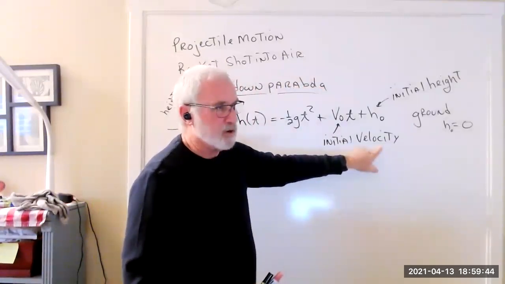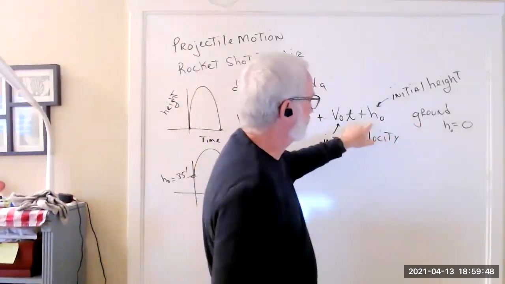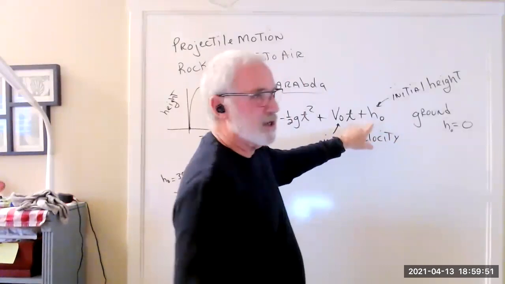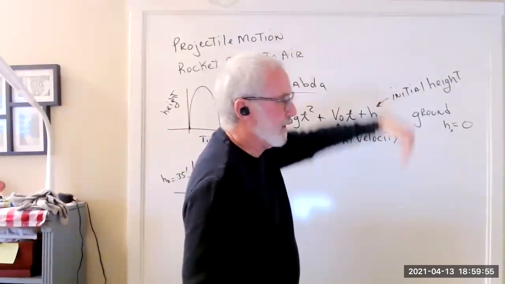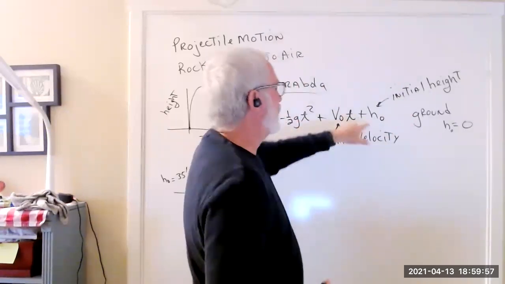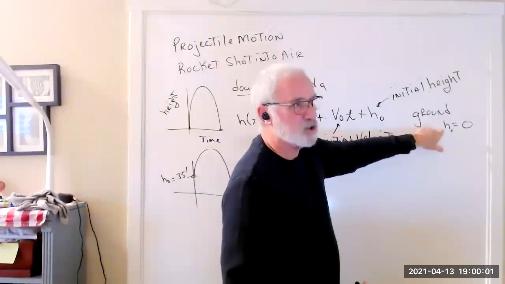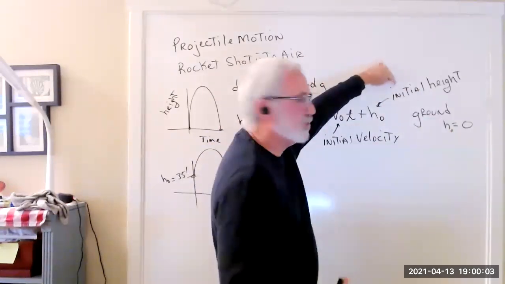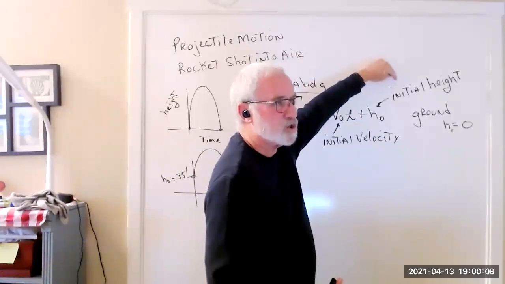Remember, it'll start fast and always slow down. And H naught is always the initial height. Then it goes up and comes back down again. If we tell you it's on the ground, that means H naught is worth 0. Initial means starting. Where did it start?